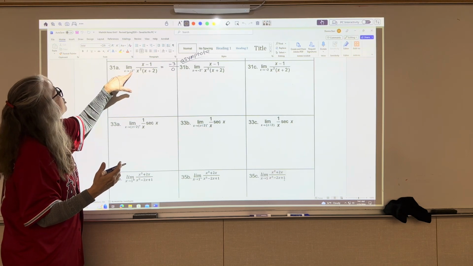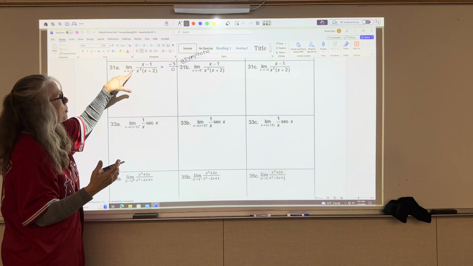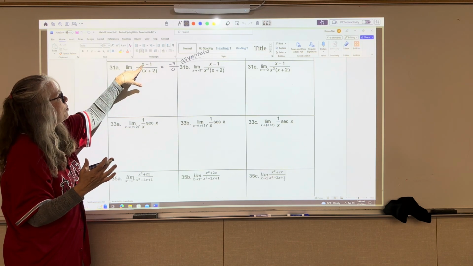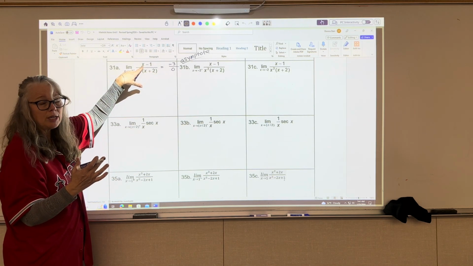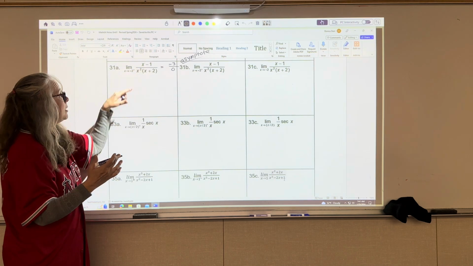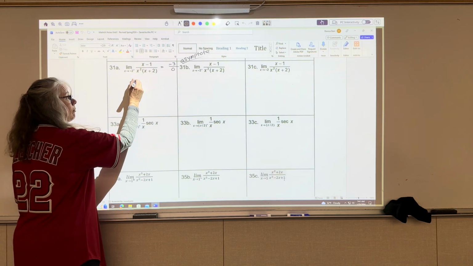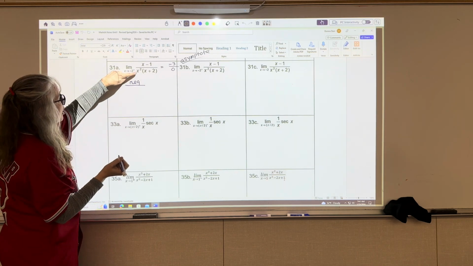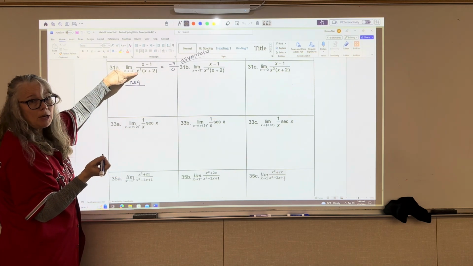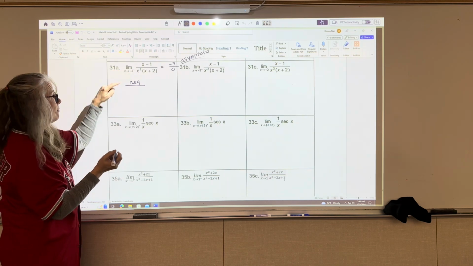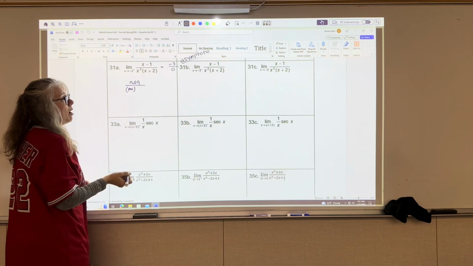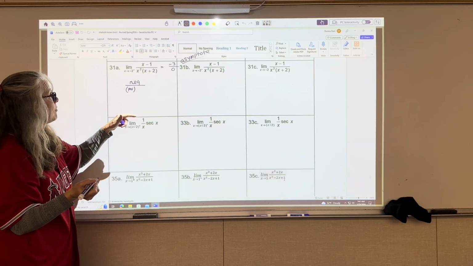So as I approach -2, but from a little bit bigger than -2, that numerator up there, as I'm close to -2, is equal to a negative value. The denominator, as I approach -2 from a little bit bigger than it, when I square something, I get a positive value, because when you square it, everything's positive.